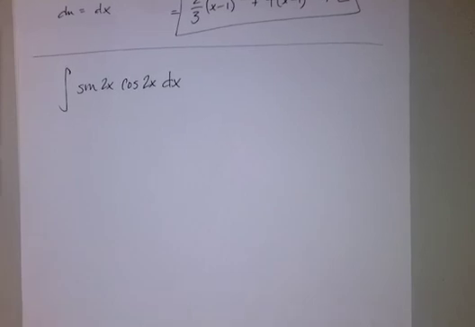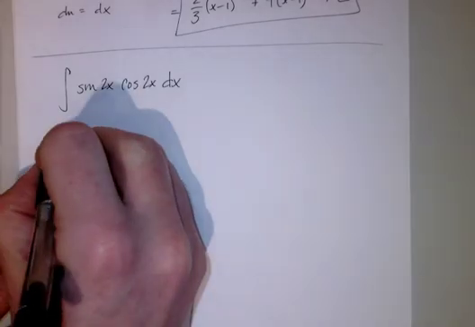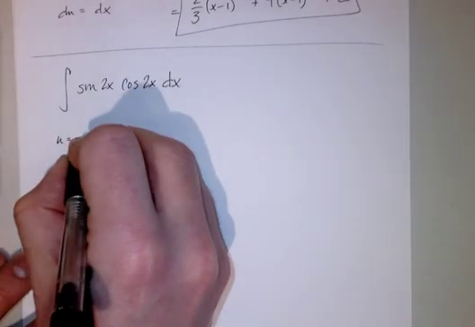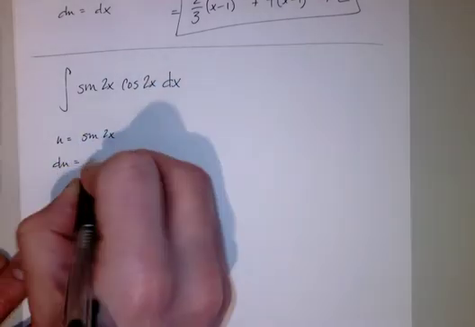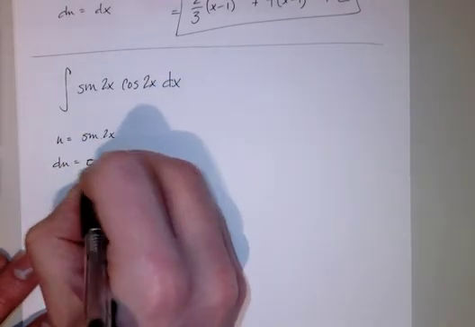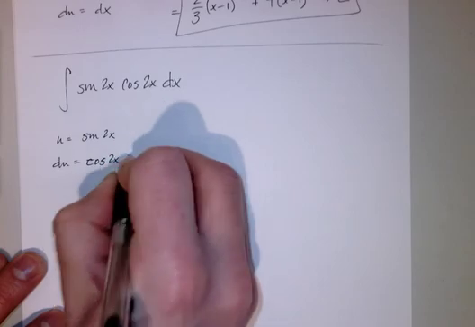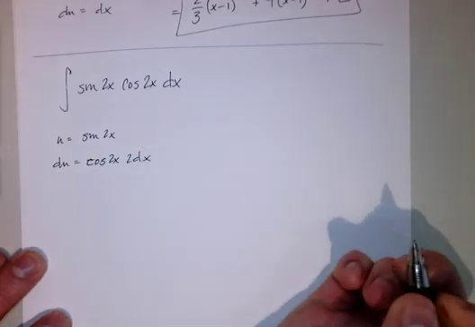Well, here's the thing. What do I designate as my u and what do I designate as my du? Actually, you can do it either way. You can let u equal sine 2x, and therefore du equals cosine 2x times 2 dx, right?